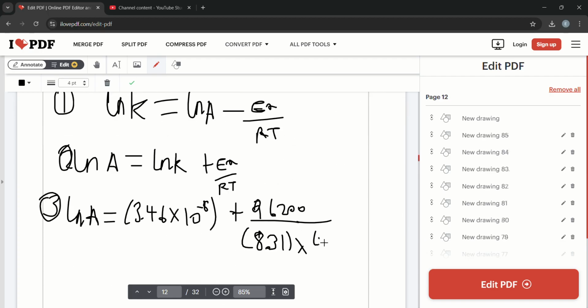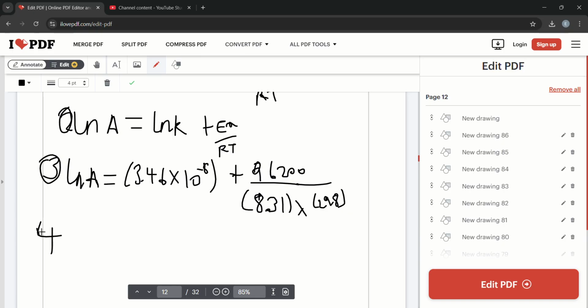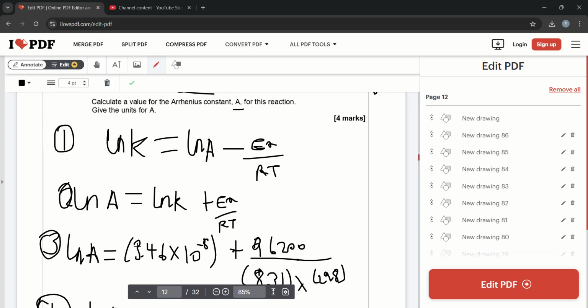So what do we get for ln A? 3.46 times 10 to the power minus 8 plus 96,200 divided by 8.31 times 298.